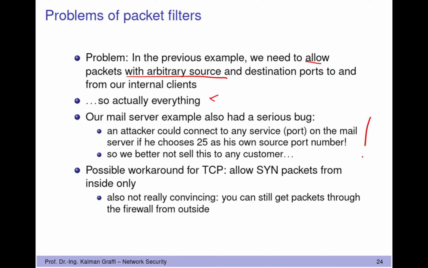Also in the previous example that we already looked at, where the source address is random, as long as the source uses port 25, it could access all our internal machines, or at least the mail server.